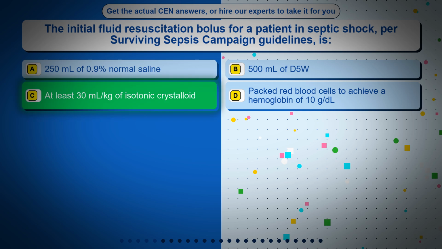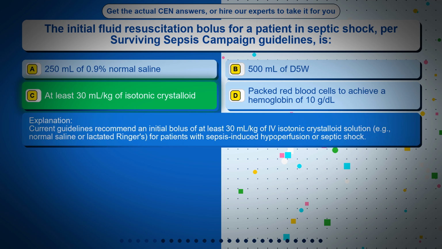The correct answer is option C, at least 30 ml/kilogram of isotonic crystalloid. Current guidelines recommend an initial bolus of at least 30 ml/kilogram of isotonic crystalloid solution, for example, normal saline or lactated Ringer's, for patients with sepsis-induced hypoperfusion or septic shock.